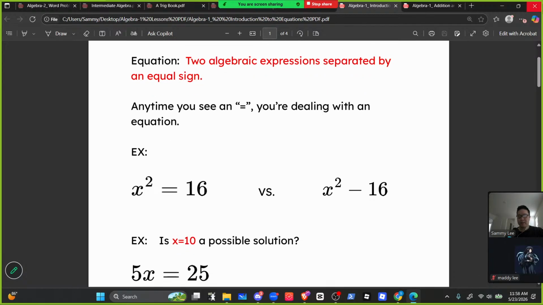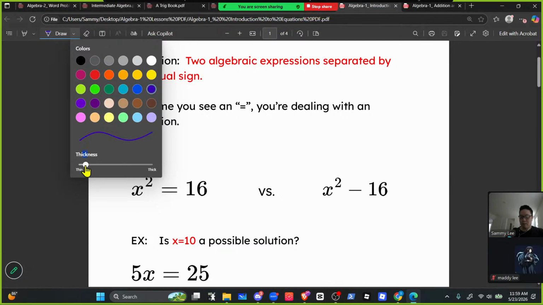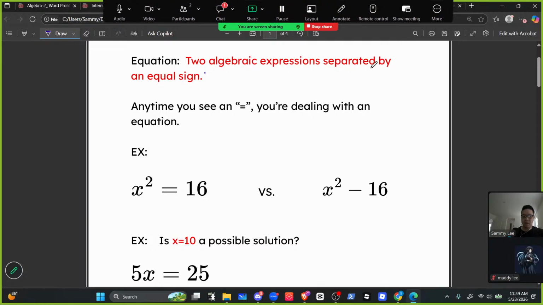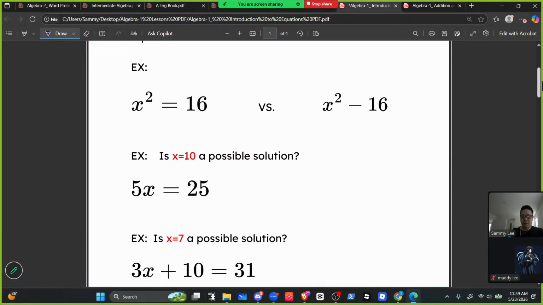An equation is basically just two algebraic expressions on opposite sides of an equal sign. Anytime you see an equal sign, you are dealing with an equation. And certain logical conclusions follow from that equal sign.